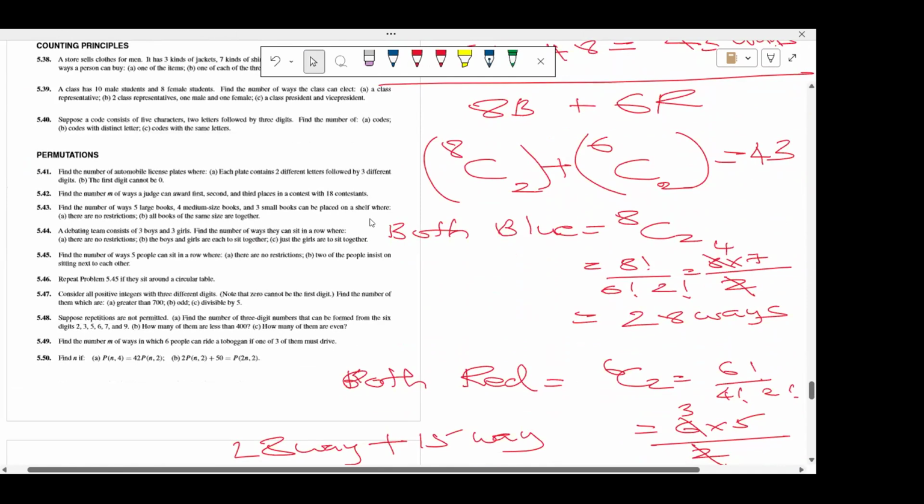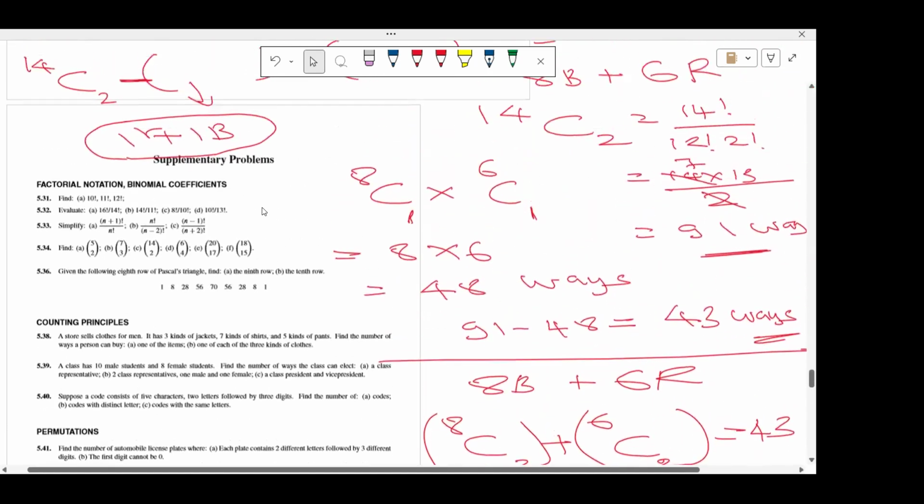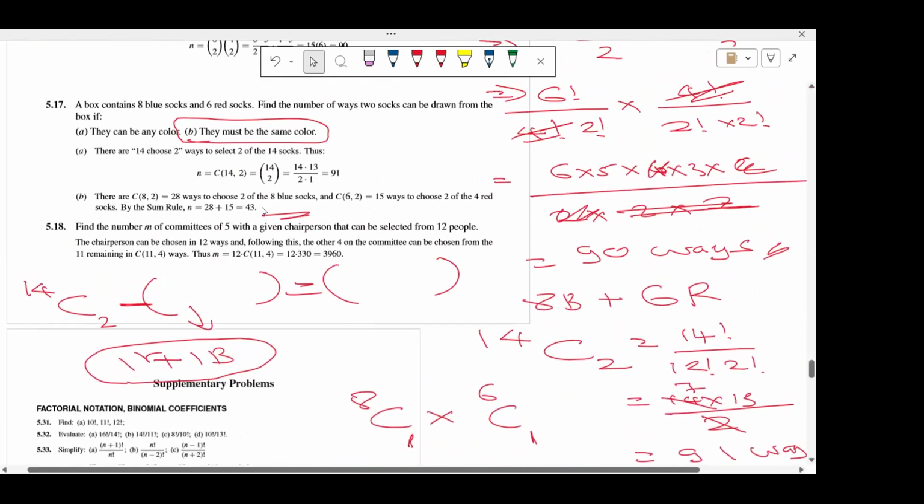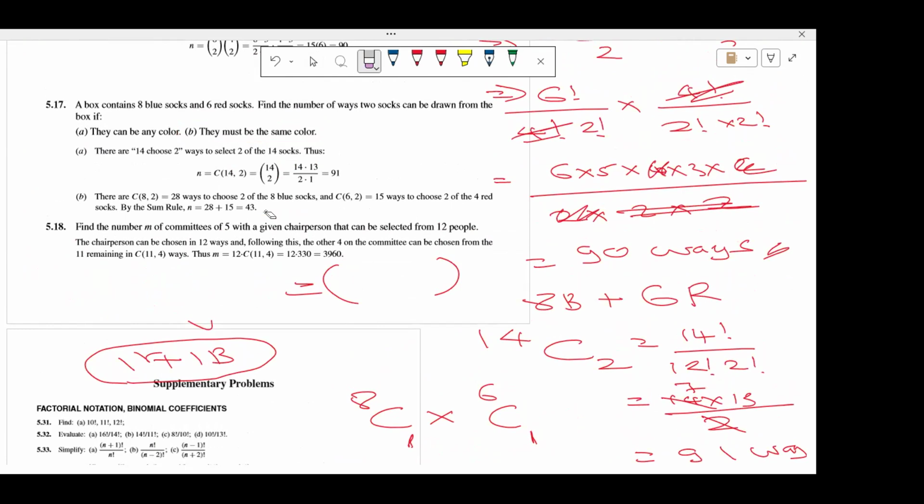How many ways can I select both red colors and how many ways can I select both blue colors. Get the sum of these two, and we also get the same answer, right? So it depends on the strength of your thinking capabilities. Anyhow, you are getting the same answer if you think in a correct way, right?